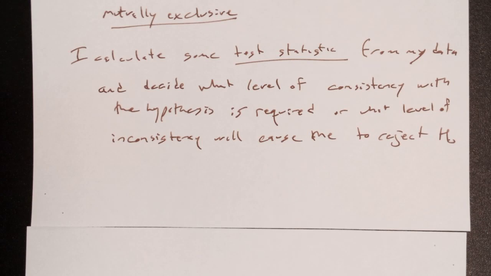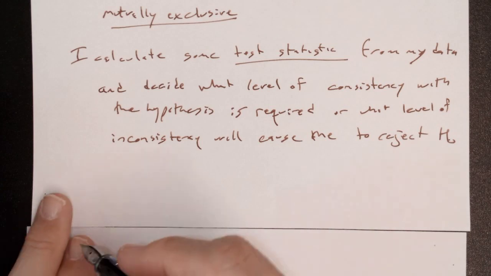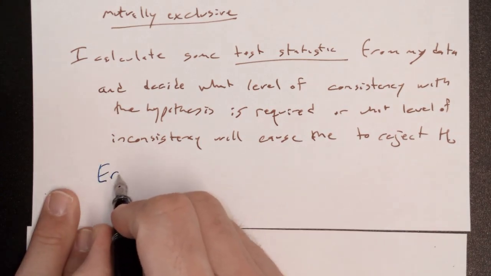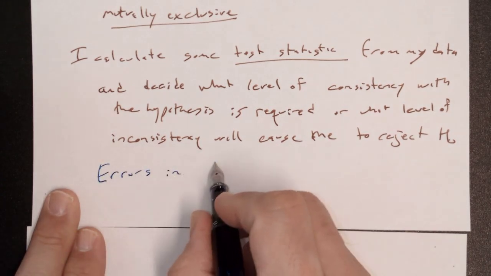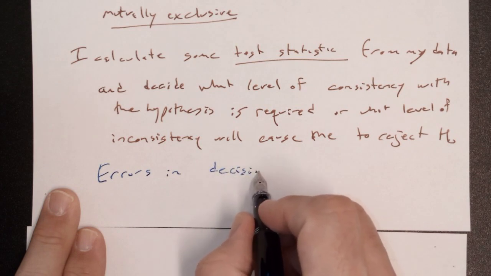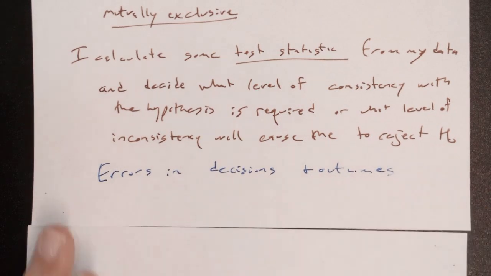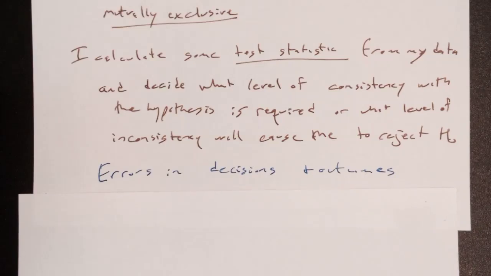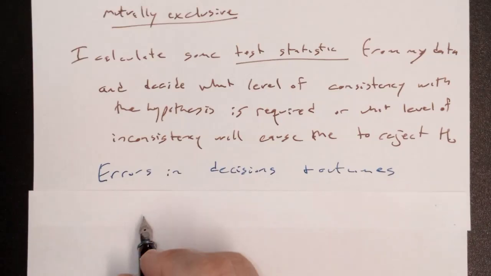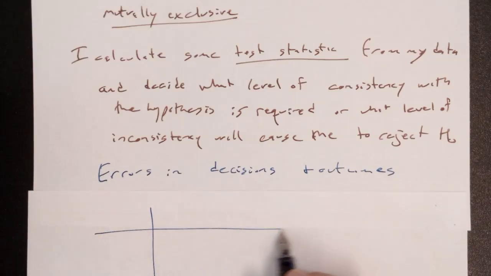Let's consider what could happen. Errors in decisions and outcomes. I am going to make a call. I have two possible things that could be true.